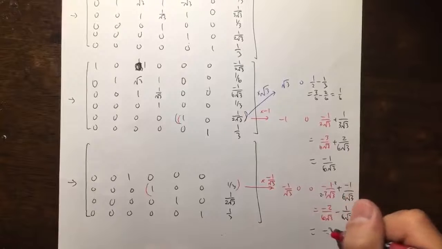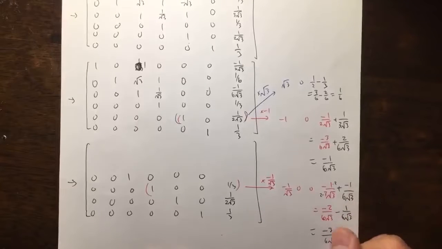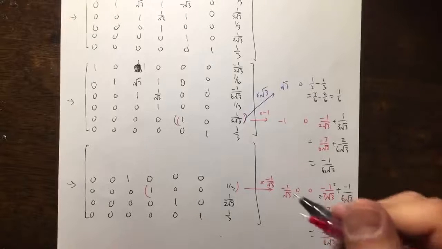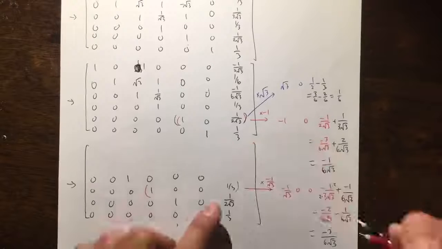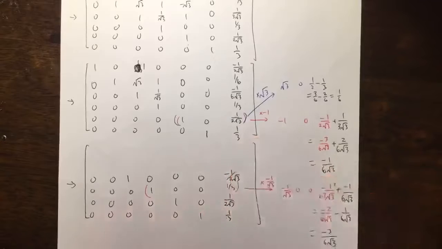This is negative 3 over 6 square root of 3. Reduce the fraction, you get negative 1 over 2 square root of 3, okay? So this right here is going to be this. So you have negative 1 over 2 square root of 3, okay? So you actually get C is equal to that.